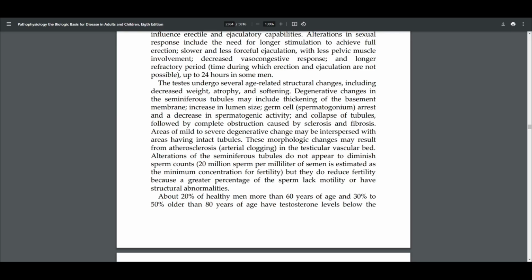Areas of mild to severe degenerative changes may be interspersed with areas having intact tubules. These morphologic changes may result from atherosclerosis in the testicular vascular bed.